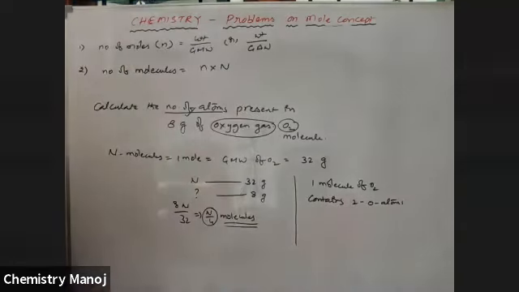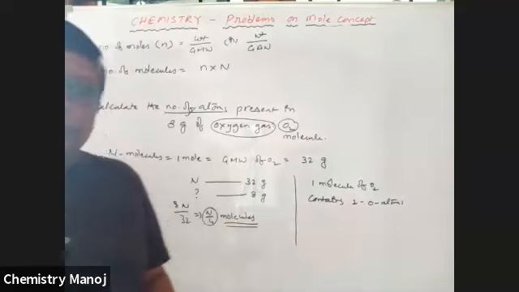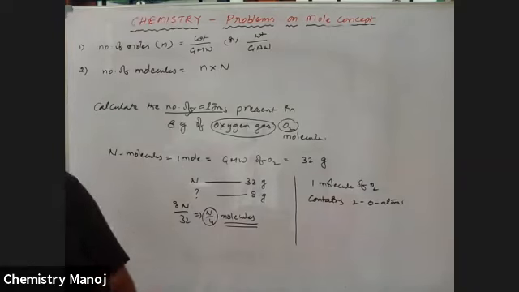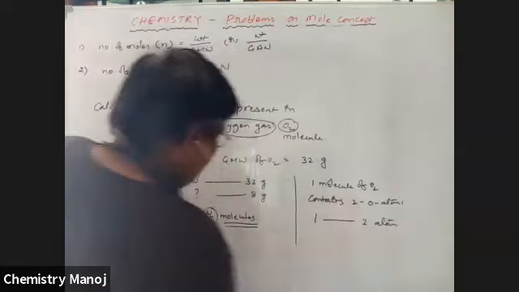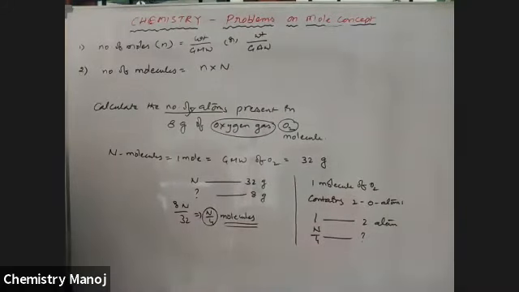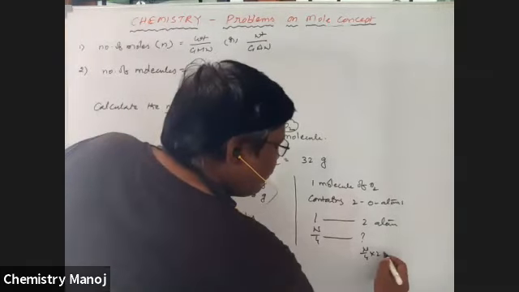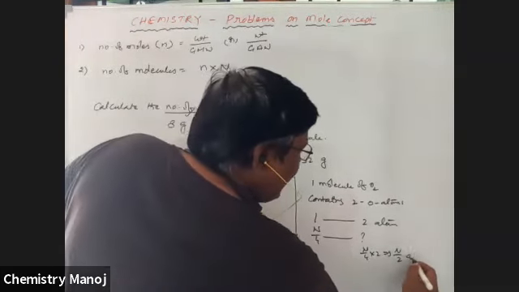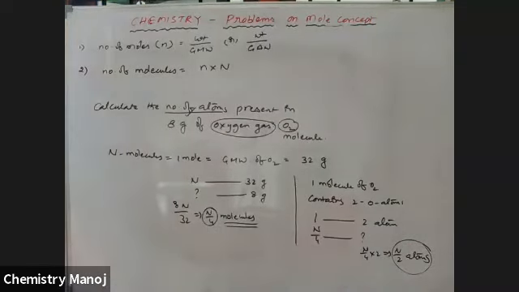Is this correct or not? One molecule of O2 contains 2 oxygen atoms. This many molecules contain how many atoms? One molecule has 2 atoms. N by 4 molecules has how many atoms? That is N by 4 into 2, which is equal to N by 2 atoms.